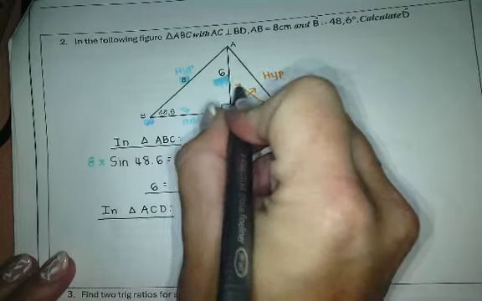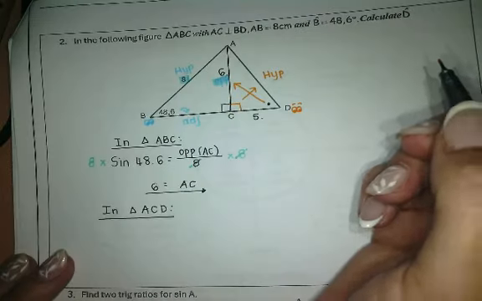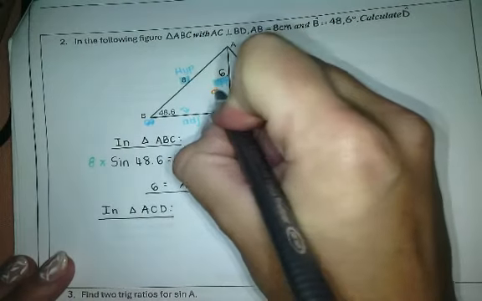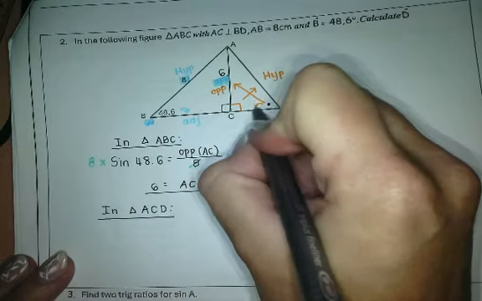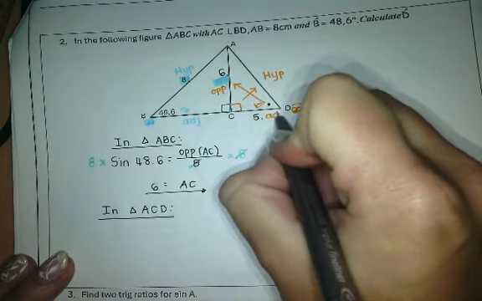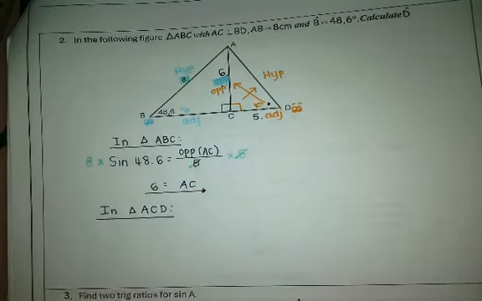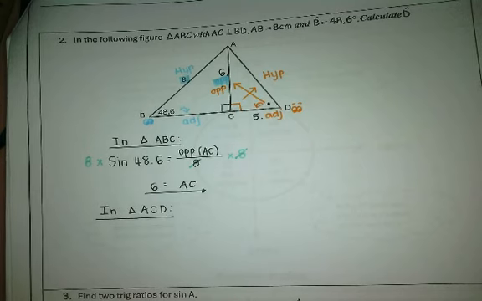Directly opposite my reference is still going to be my opposite, and next to is going to be my adjacent. Which side isn't going to help us calculate what we need here?